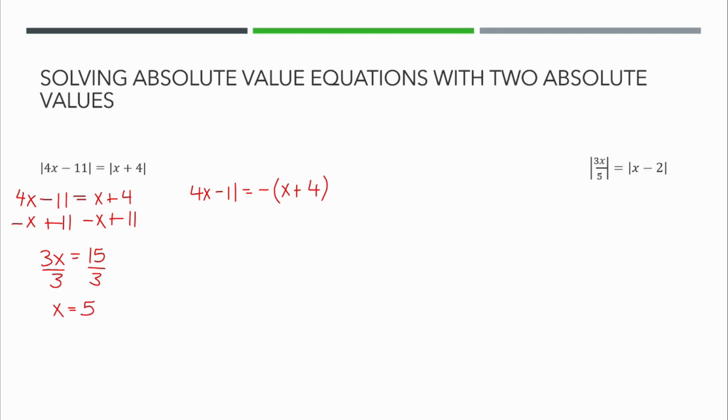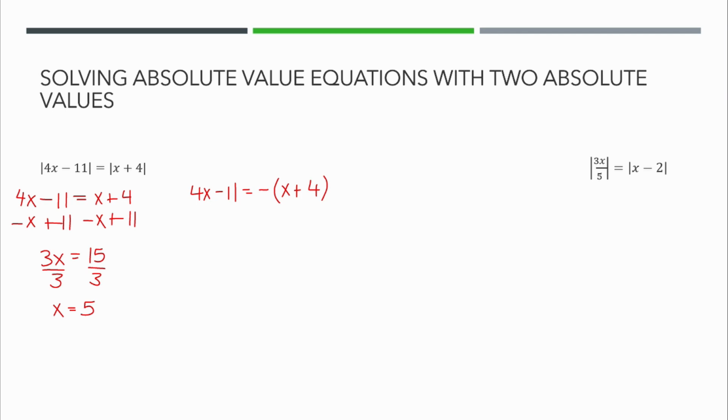Why not just put the negative in front of the x and leave the 4 alone? Well, absolute value acts like parentheses. So if an expression is inside the absolute value, you have to negate the whole expression. You can't just negate part of it and leave the other side alone.